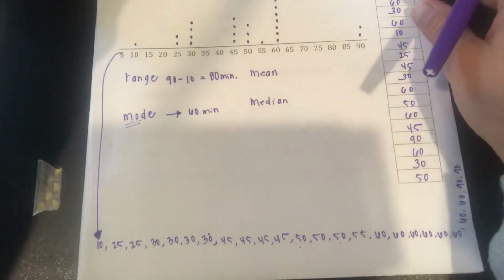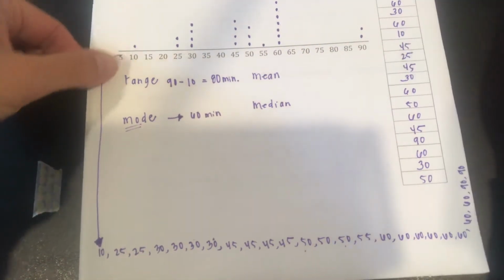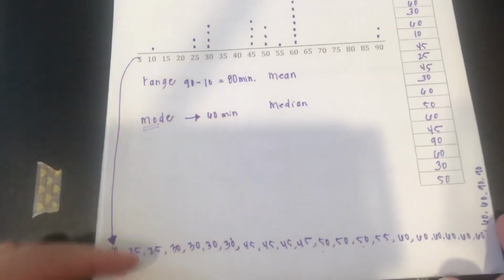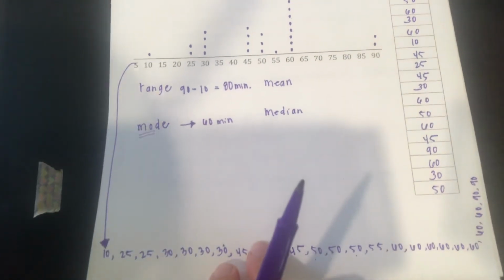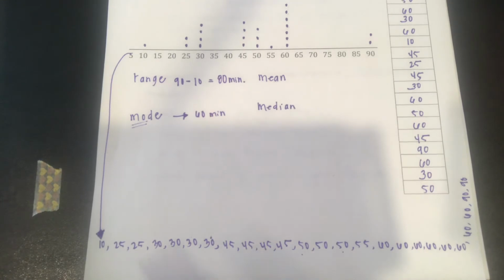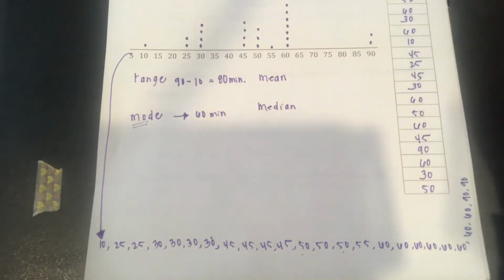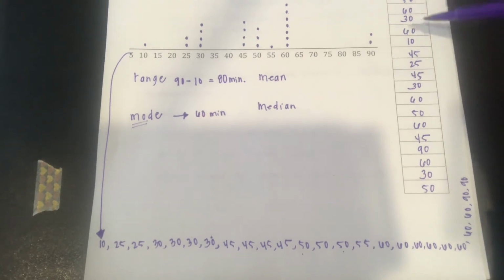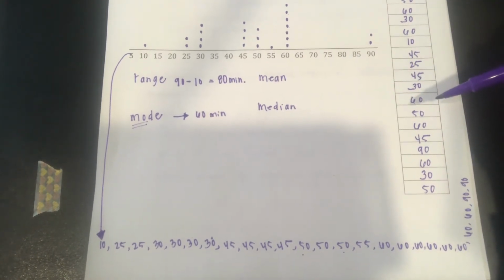Okay, now mean. If you remember, we used that analogy that the mean teacher averages the grades. Well, we're going to take all the minutes from all 25 sixth graders and add them all up, and then divide by however many numbers, and we know that it's going to be 25 numbers.